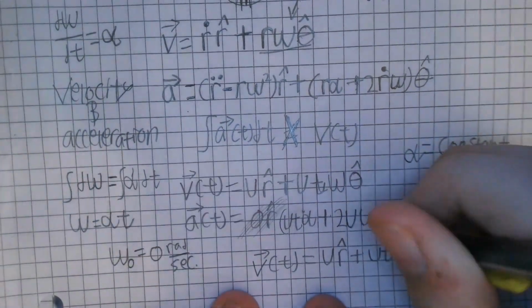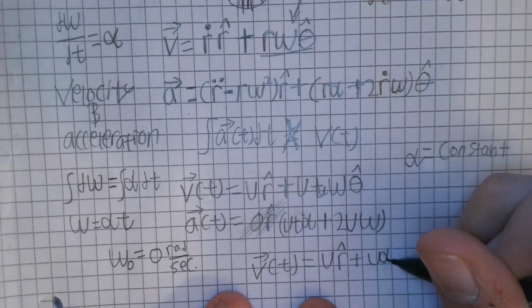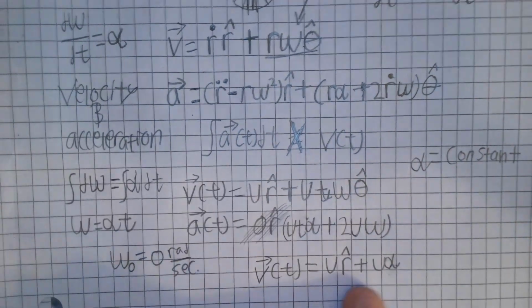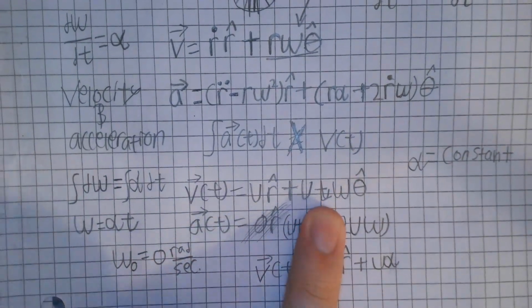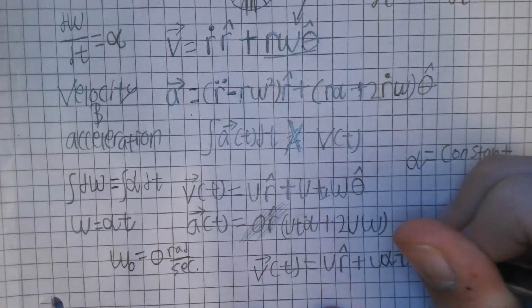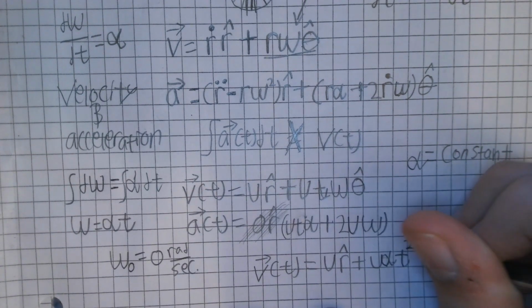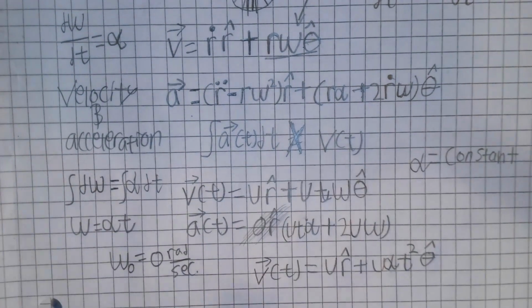Actually, I'm going to write this in a little bit of different order. U times alpha, but then we have a t from the ut. We also have a t here, so we're just going to write t squared since there's two of them multiplied together. Okay, and this is going to be in the theta hat direction.